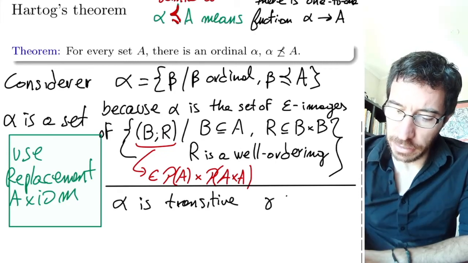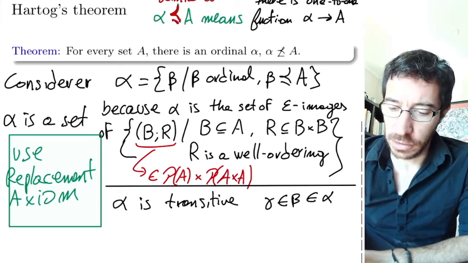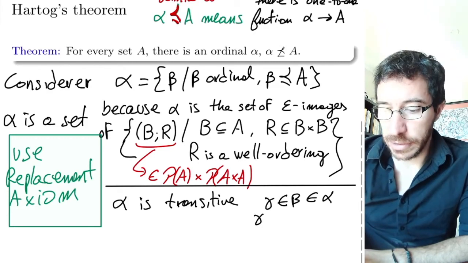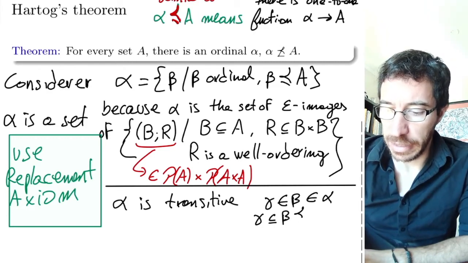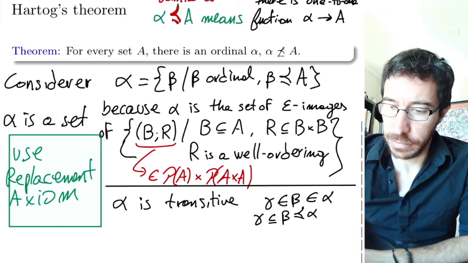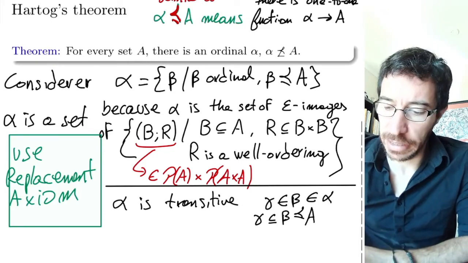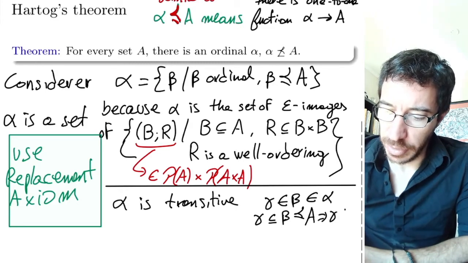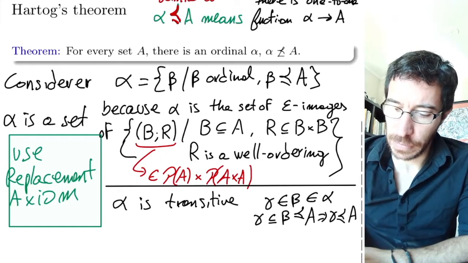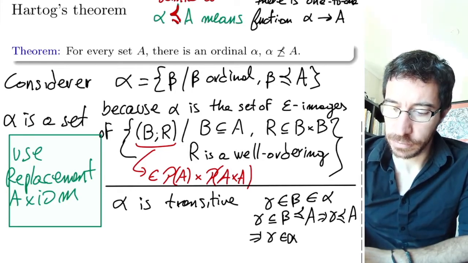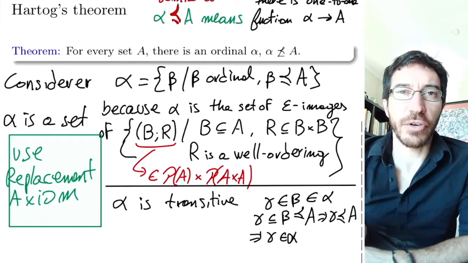Because if gamma belongs to beta, which belongs to alpha, then we have that gamma is a subset of beta, which is dominated by A, because that's what it means to belong to alpha, to be dominated by A. So we get that gamma is dominated by A too. So it must be also in alpha. Okay, so it's a transitive set of ordinals.